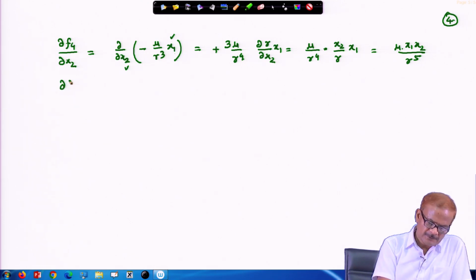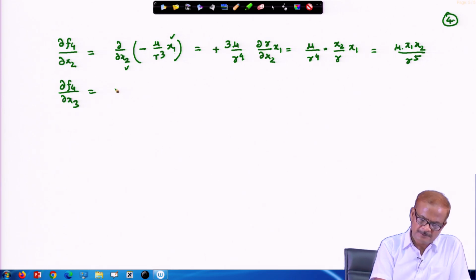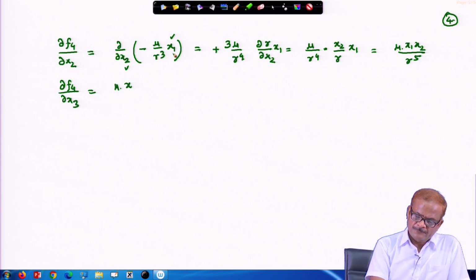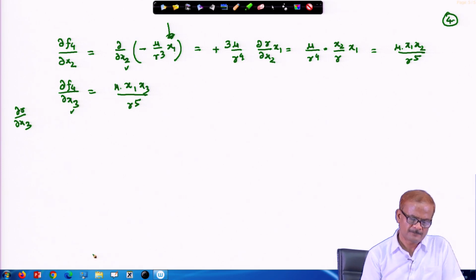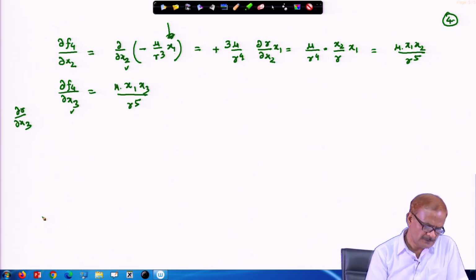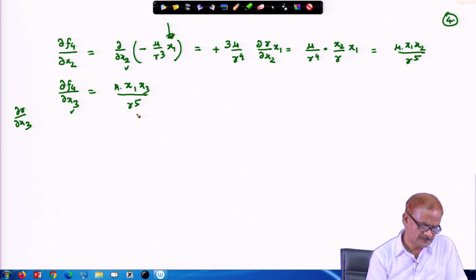In the same way, you will have ∂f4/∂x3 equal to mu times f4, naturally it contains x1. So, x1 will appear here, and because of this x3 and differentiation of r with respect to x3, we get here term x3 r to the power 5. So, this way you will be able to complete all the terms.